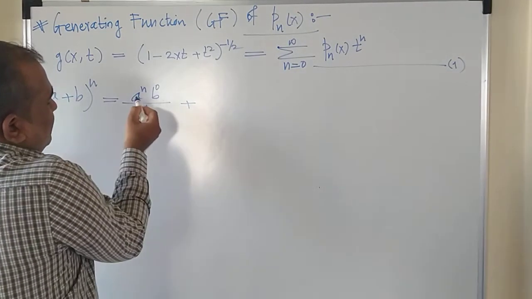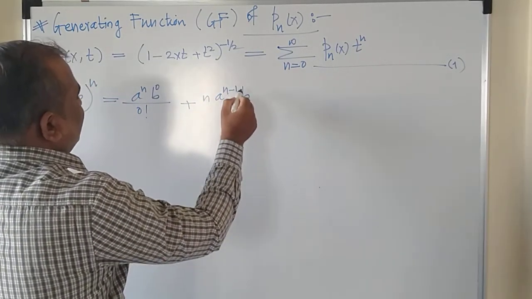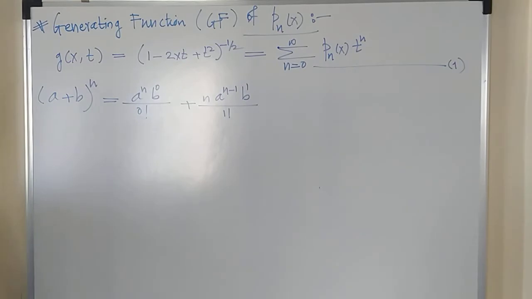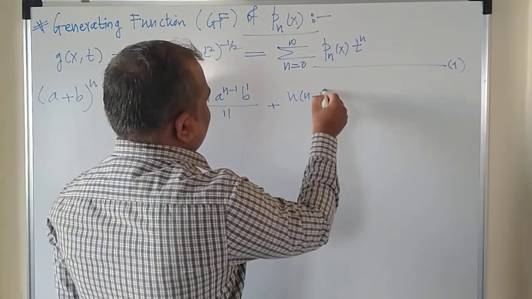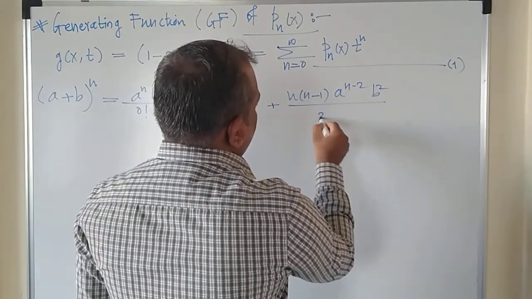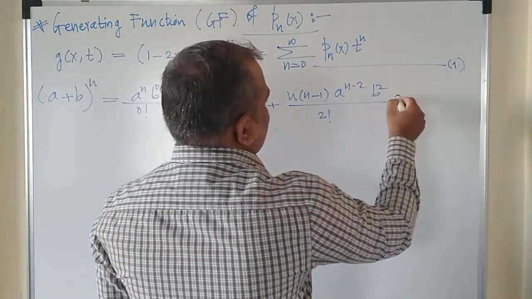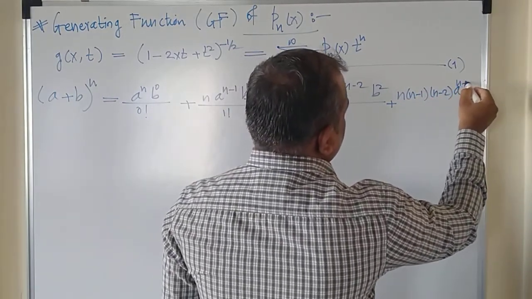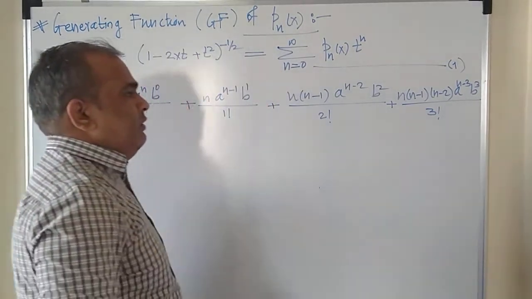In the next term, n a raised to n minus 1 b raised to power 1 upon 1 factorial, plus n into n minus 1 a raised to n minus 2 b square upon 2 factorial, plus the next term n into n minus 1 into n minus 2 a raised to n minus 3 b cube divided by 3 factorial.